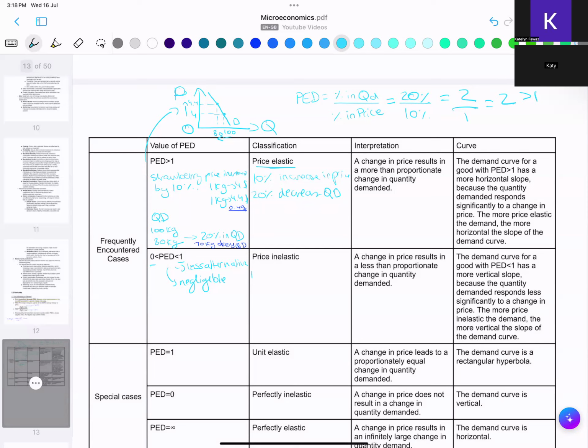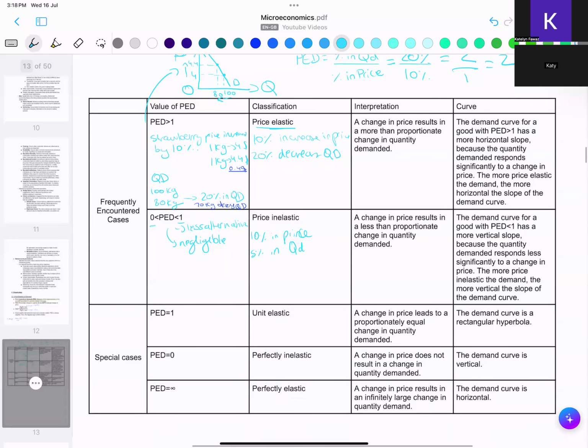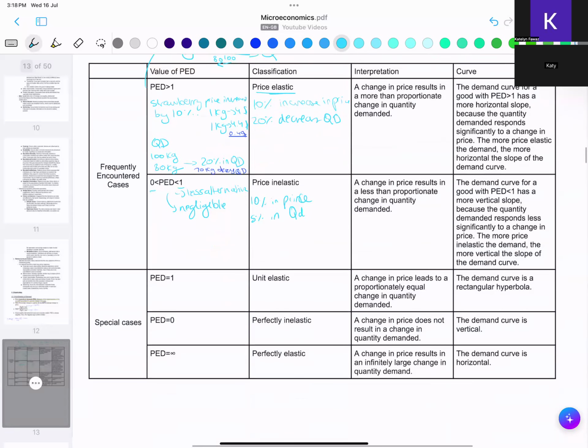So if there's a 10% change in price, then there's going to be a 5% change in quantity demanded. That's really about it. If you want an example, you can just ask me in the comments, I'll give you an example. So now we have special cases.